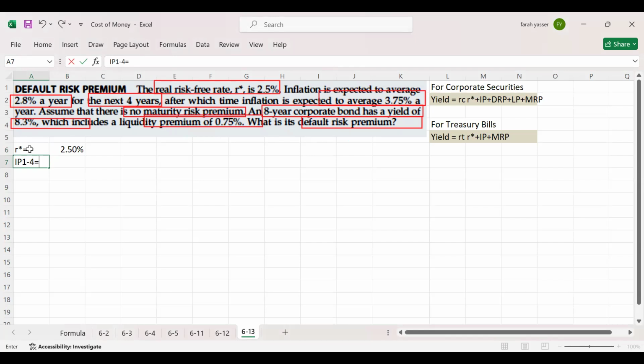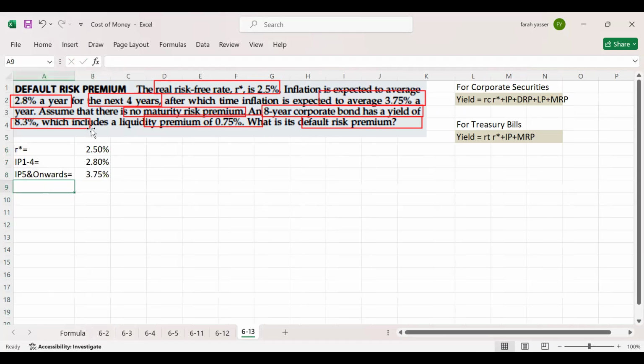It is mentioned that inflation for the first 4 years is 2.8%. Now inflation IP from year 5 onwards is different, which is 3.75%.